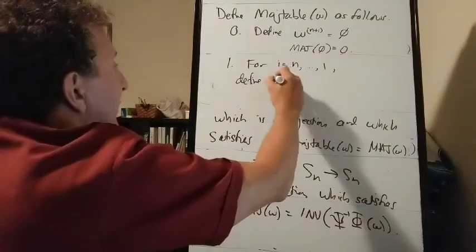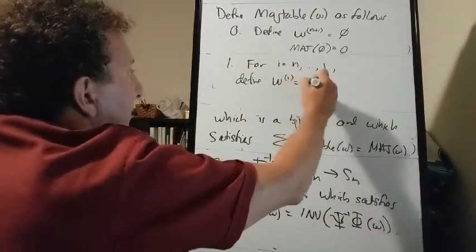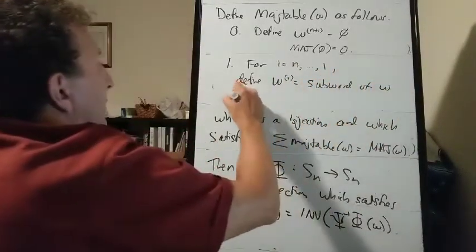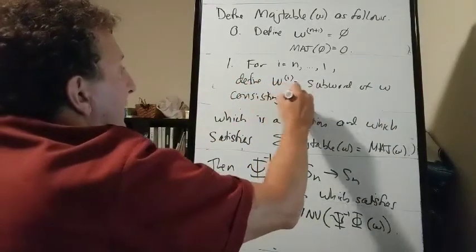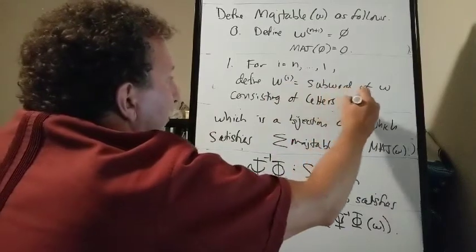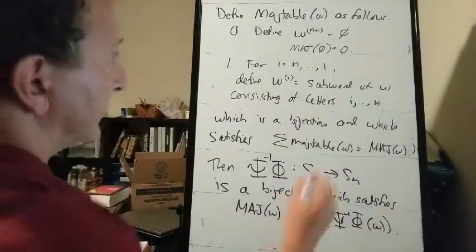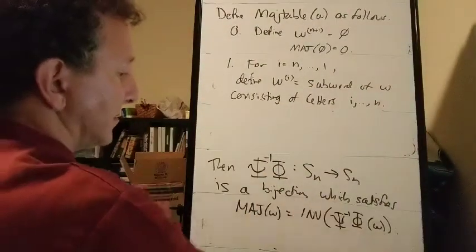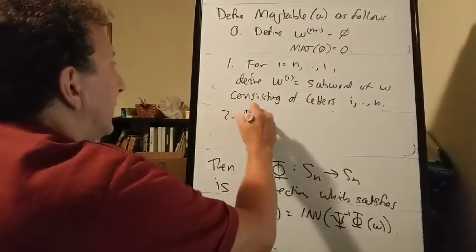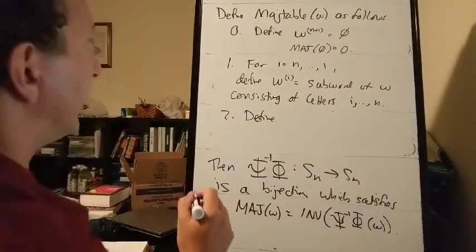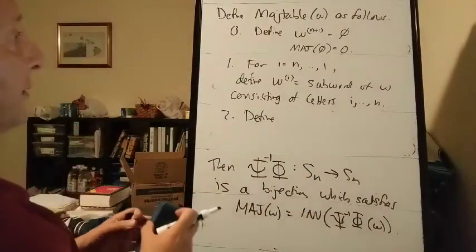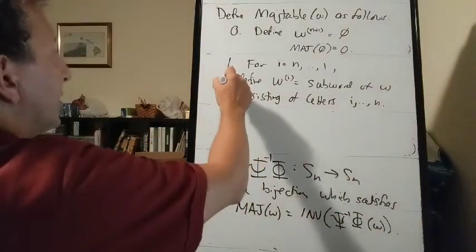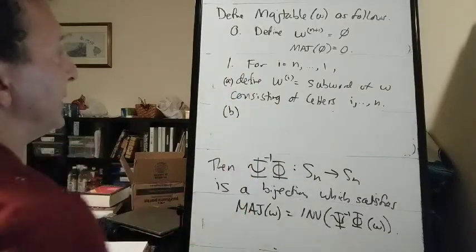And we'll define W^i to be the subword of W consisting of letters i through n.